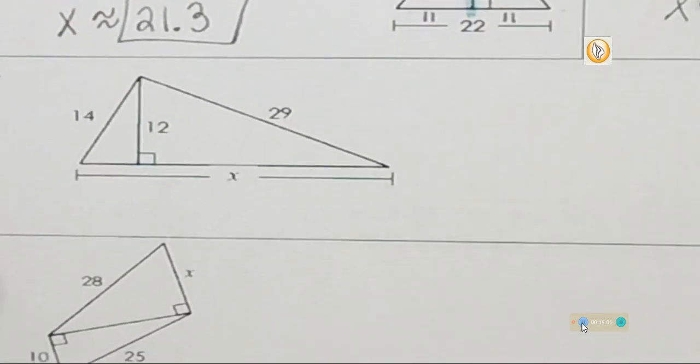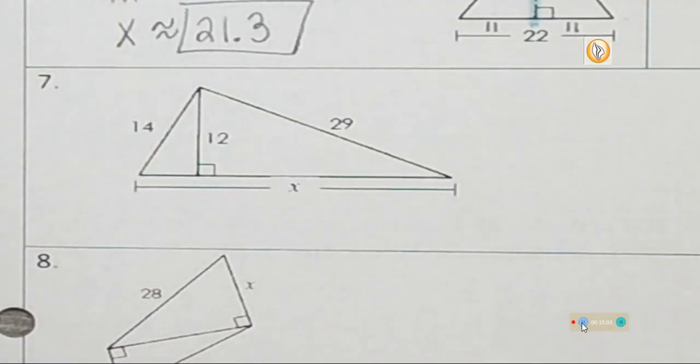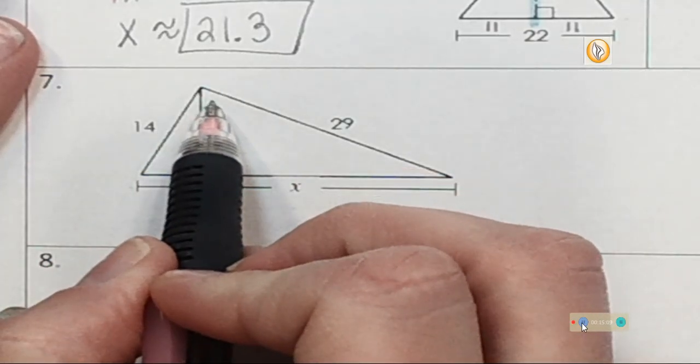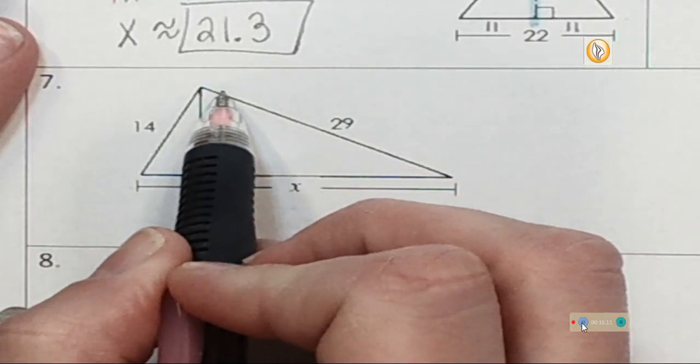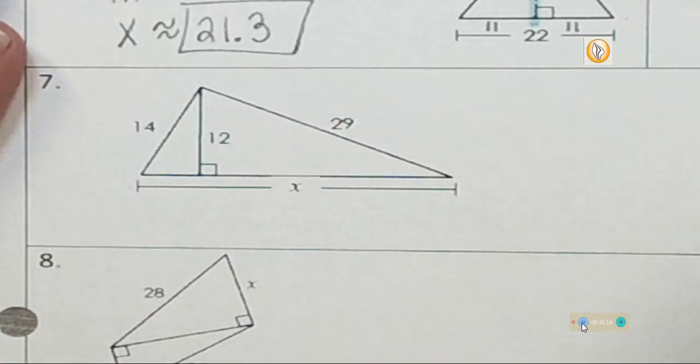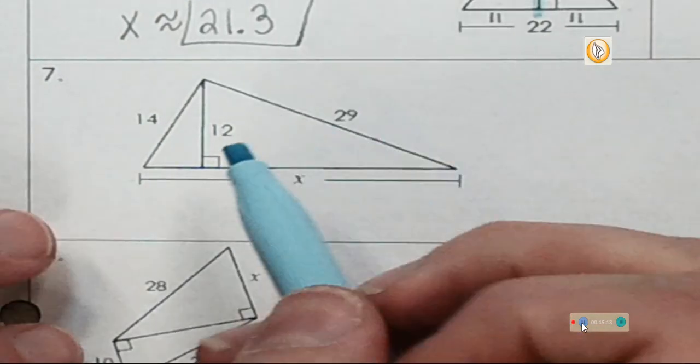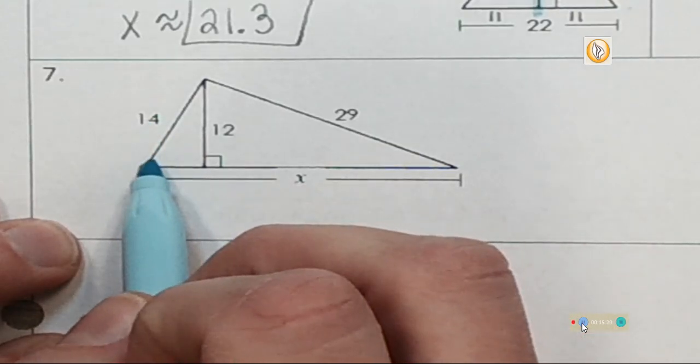All right, let's look at number 7 here. Okay, so if I'm looking at number 7, I see a giant triangle. Is this marked as a right triangle up top? Nope, so you can't assume. Even if it looks like it, it's not. You need to find x, which is actually this entire bottom.